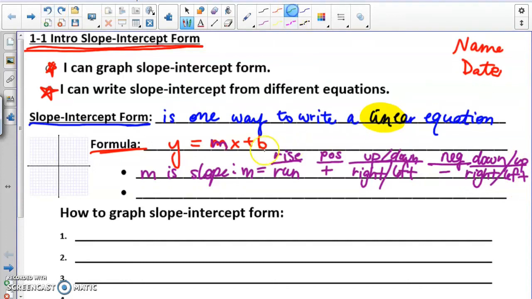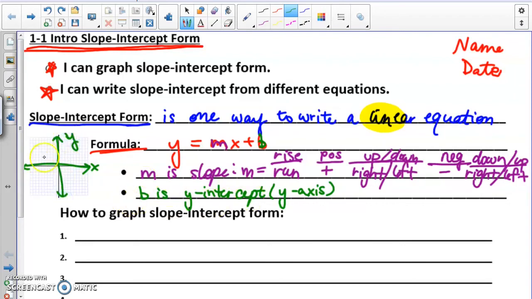And our second most important part is our b, and b is the y-intercept, which is the point on the y-axis. So you have your x-axis on your coordinate plane that runs horizontally. Then you have your y-axis which runs vertically.